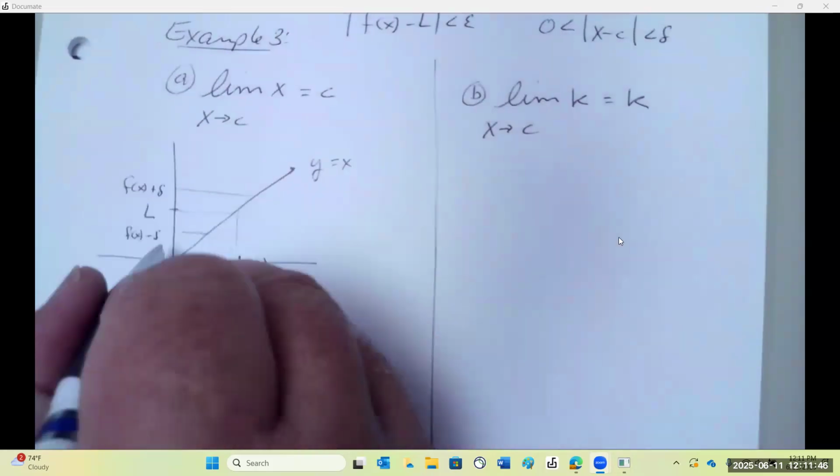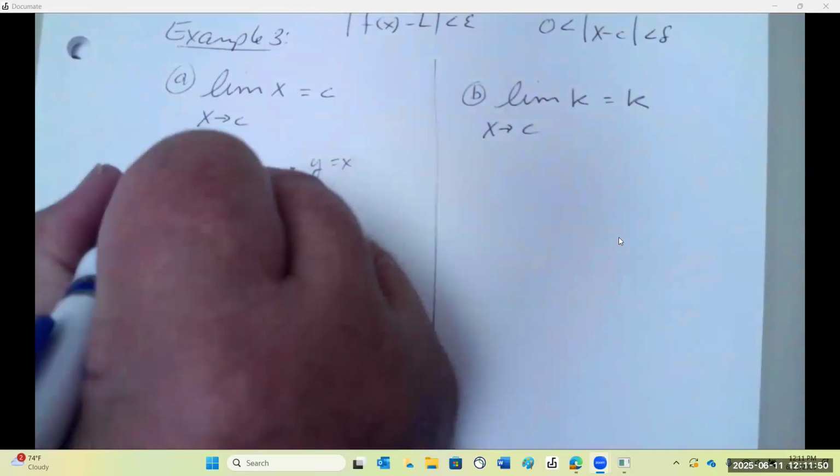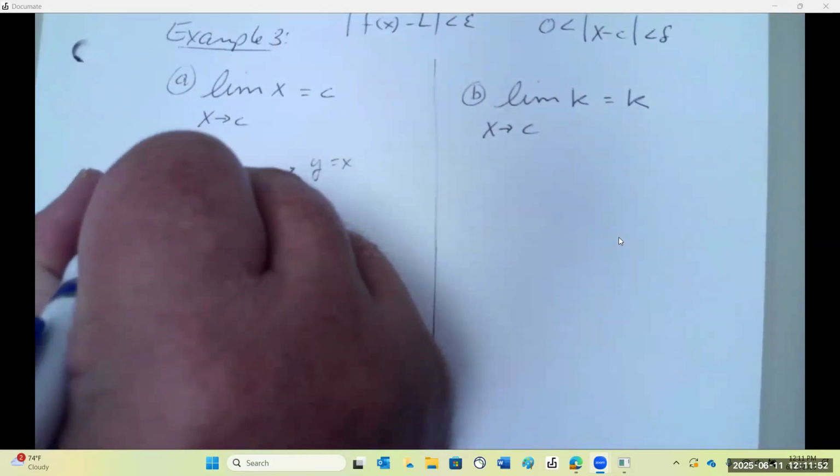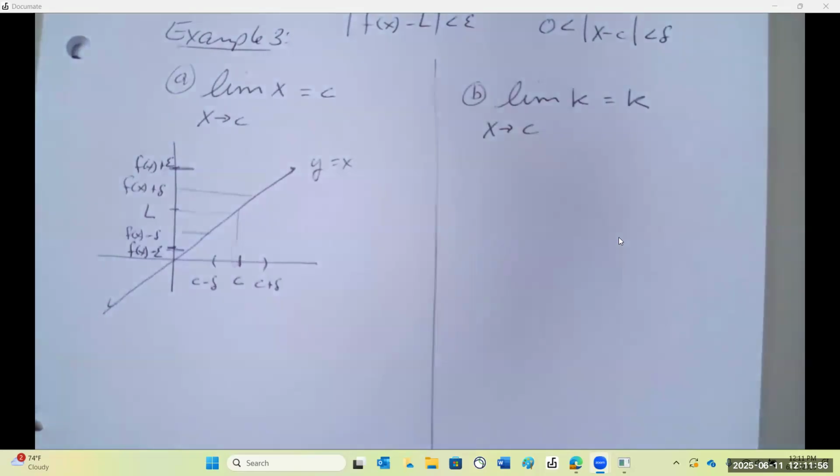Because our epsilon, this is going to be f(x) minus epsilon, this is going to be f(x) plus epsilon. In other words, our epsilon is going to be much bigger than our delta.